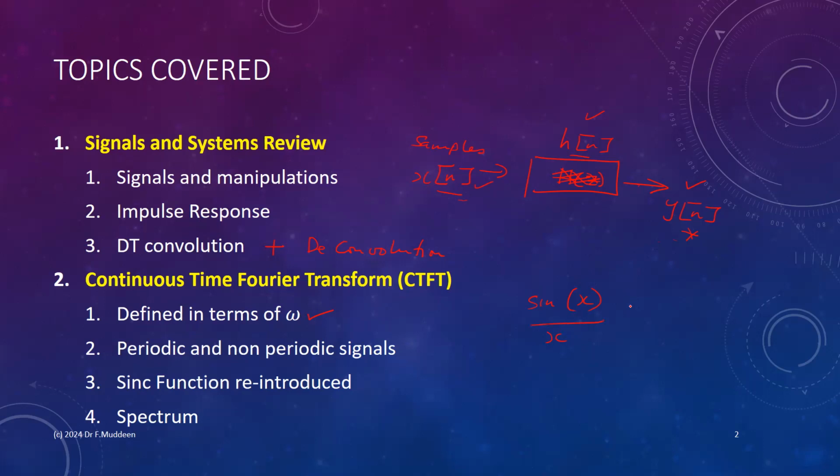And remember that as x goes to 0, sin(x)/x, once x is in radians, becomes x/x, which is 1, right? And you know that from your AdMaths days and so on, and you could always check it out. So this is why the sinc function at x equal to 0 is 1 and not 0, okay?